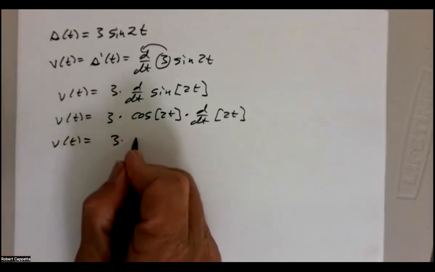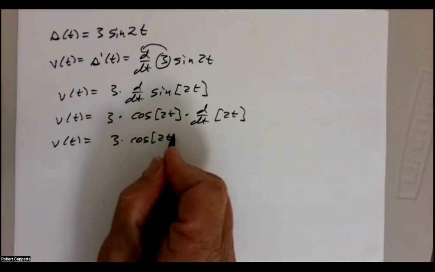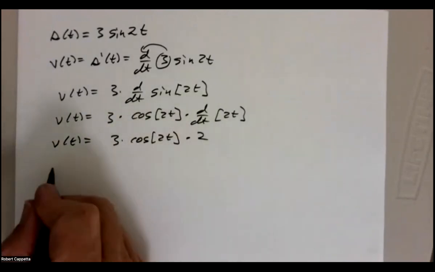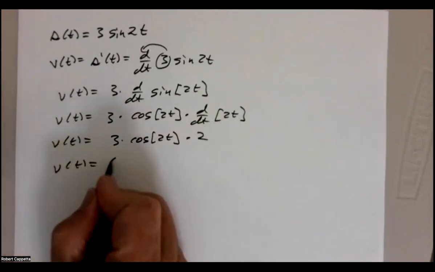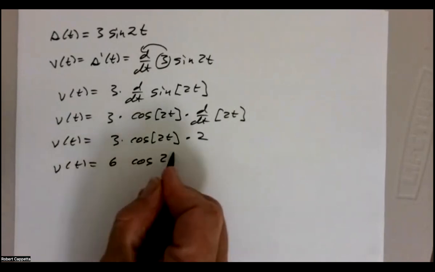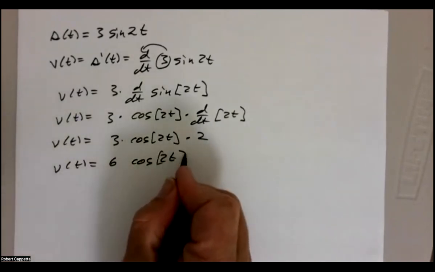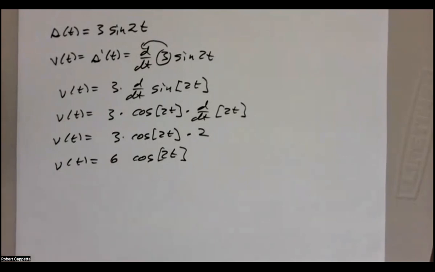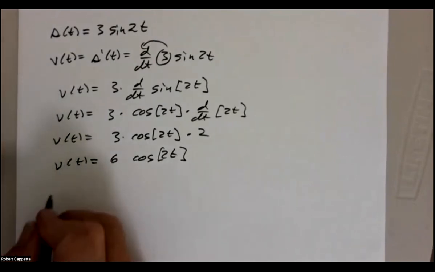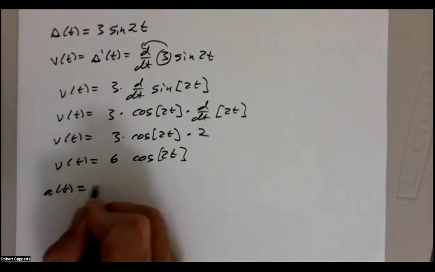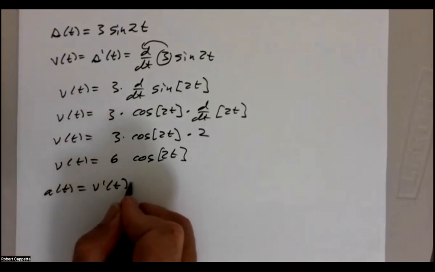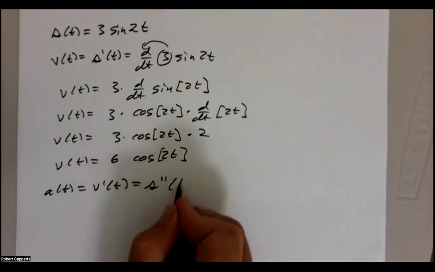So v of t is 3 times cos 2t times 2, and v of t is 6 cos 2t. All right, very good. And then we want acceleration. Acceleration is the derivative of velocity. Acceleration, a of t, is v prime of t, or if you like, s double prime of t.